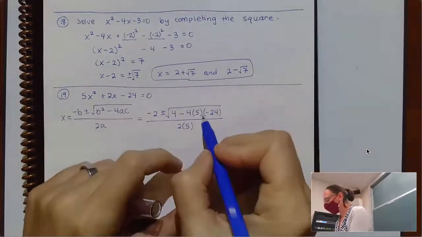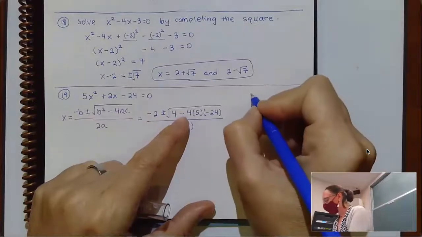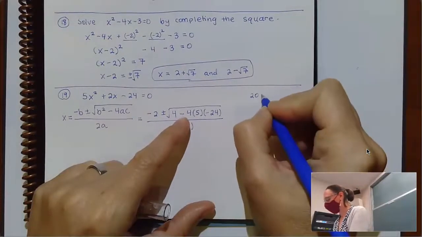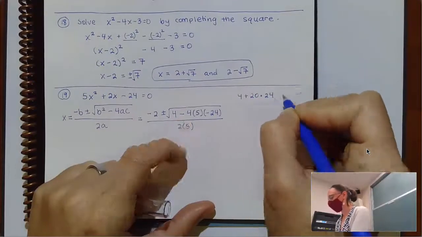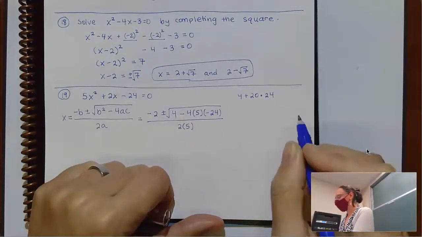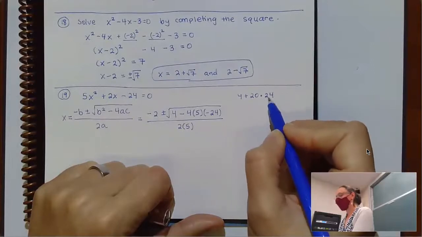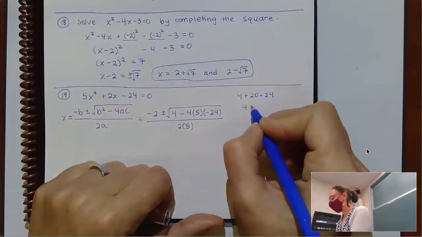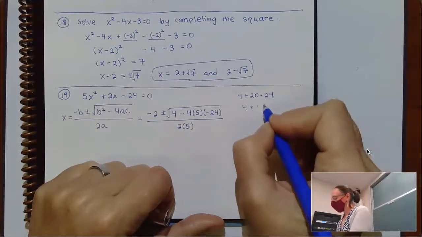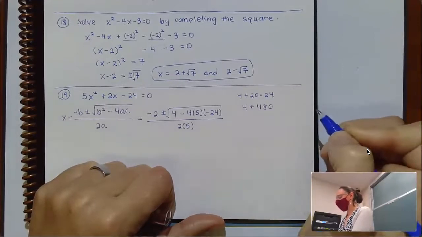4 times 5 is 20. So I'm really just gonna think about this as 4 plus 20 times 24. And I can do this as 2 times 24 to get 48 and then append a 0. So this would be like 4 plus 480.